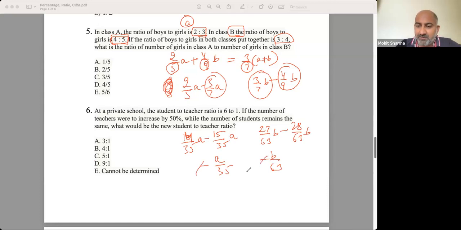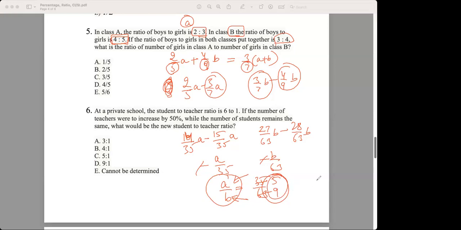I mean, subtract. So A upon B would be 35 upon 63. That would be 5 by 9. Okay, so number of people in A to number of people in B is 5:9. Right? Understood? Yes, sir. Okay.